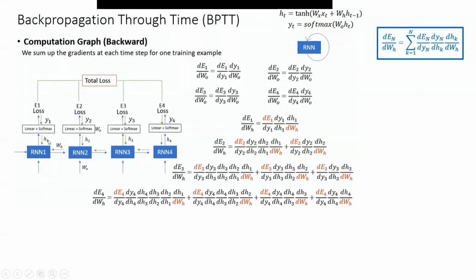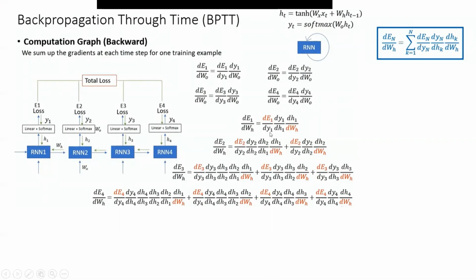Now, if we need to calculate the gradient descent for this WH, how do we do it, and how is it different from the output layer? When we calculate the gradient for E1 with respect to WH, E1 depends upon Y1, Y1 depends upon H1, and H1 is dependent on WH.